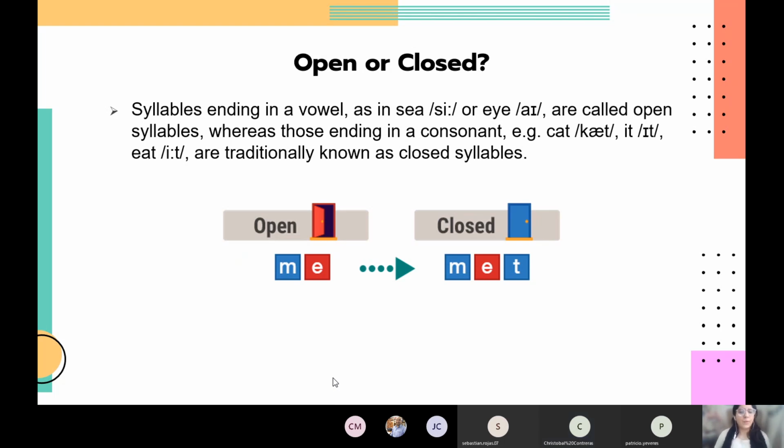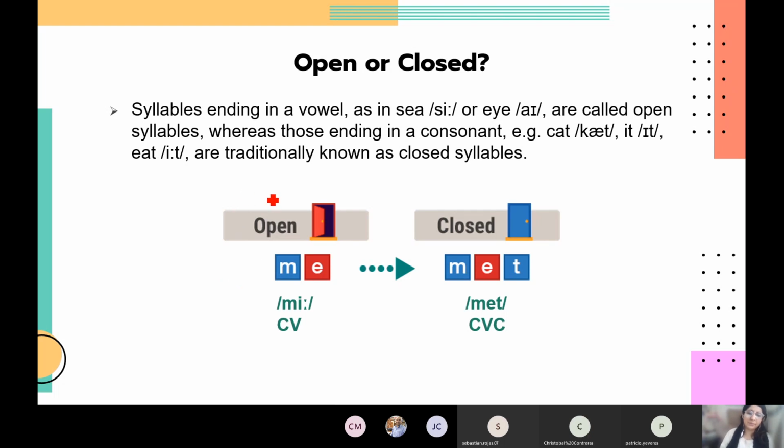So according to what Cristobal just read, whenever we have a word that doesn't have a coda, it's called an open syllable. And whenever we have a word that does have a coda, it's known as a closed syllable. In this case, we have the word me that ends in a vowel sound because it's a CV syllable.